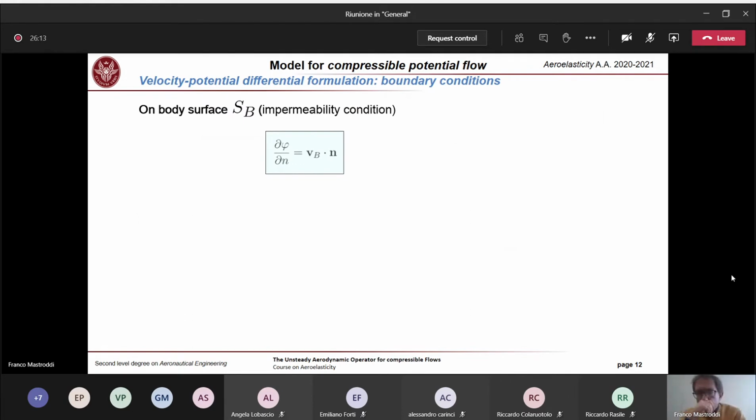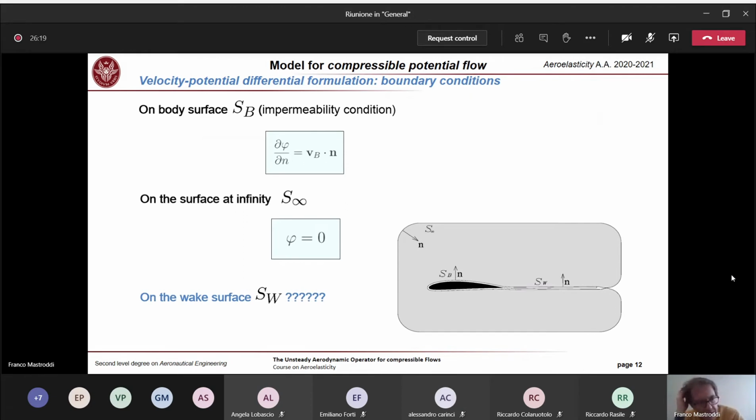Boundary condition. For this problem, we have the permeability boundary condition. We have the boundary condition at infinity, and as you know, we have to fix our boundary condition on the contact discontinuity, also in the compressible case.